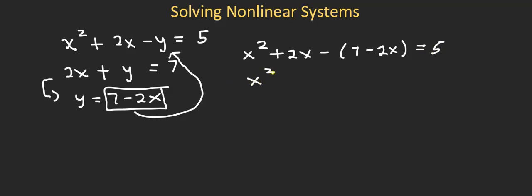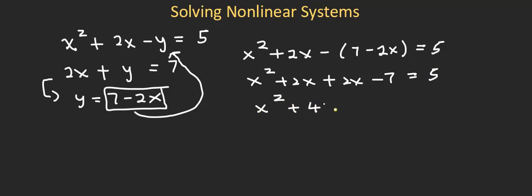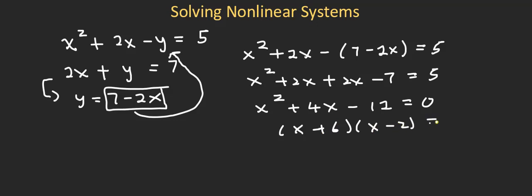So you get x squared plus 2x minus 7 plus 2x... equals 5, so you get x squared plus 4x minus 12 equals 0. This is factorable: (x plus 6)(x minus 2). So you end up getting x equals negative 6 and x equals 2. So you have two solutions for x.